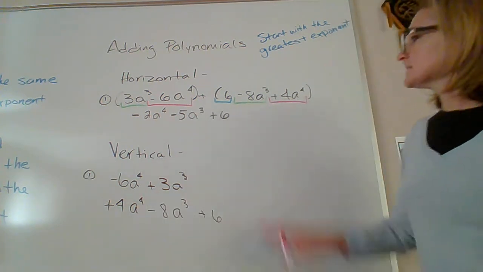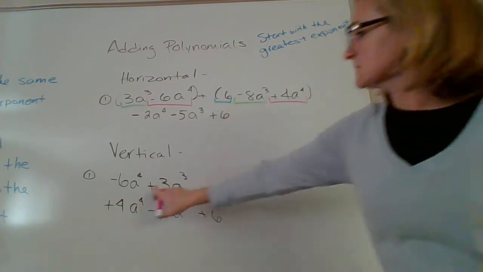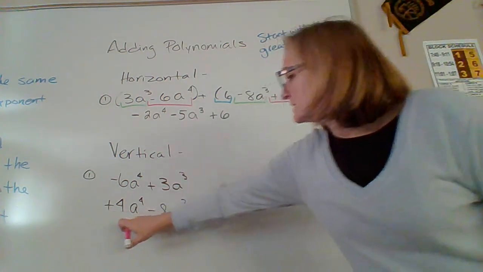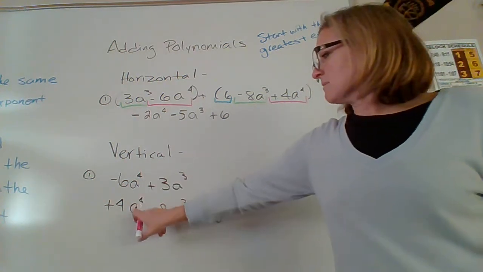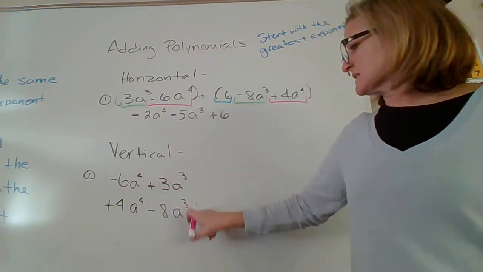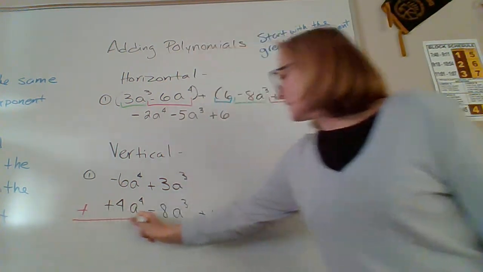Then the second polynomial, when I wrote that in its place, again I lined up each of those terms in descending order according to exponents, so the highest power first, and I lined them up so that the like exponents were right on top of each other, and therefore all we have to do is add vertically.